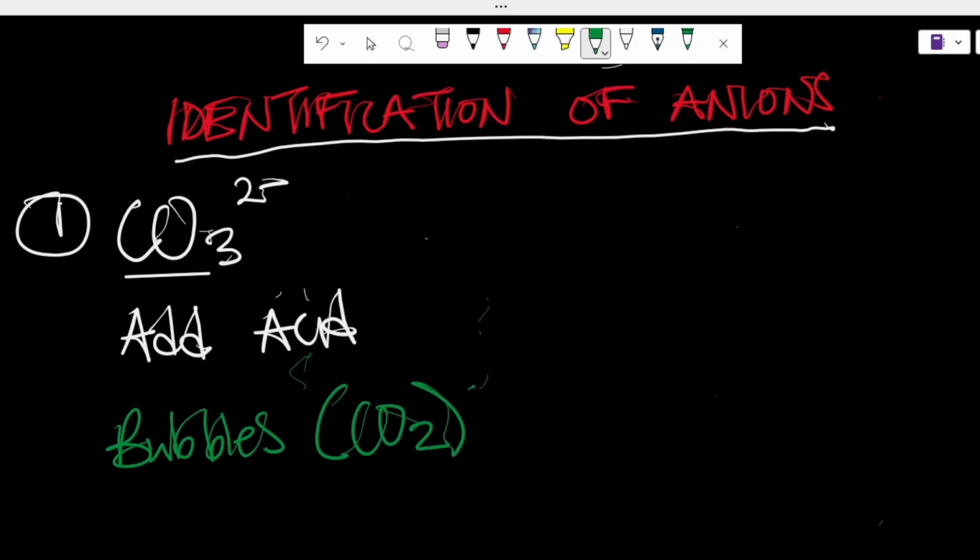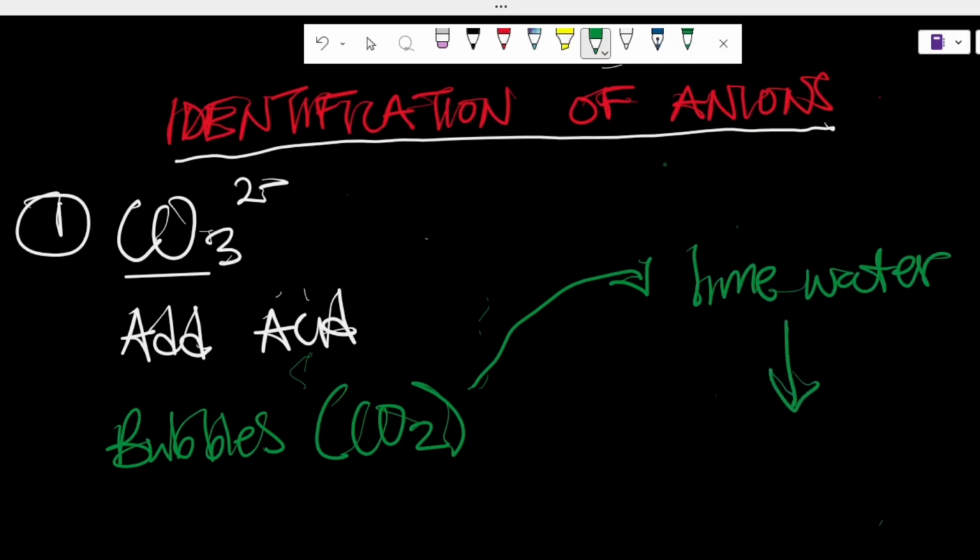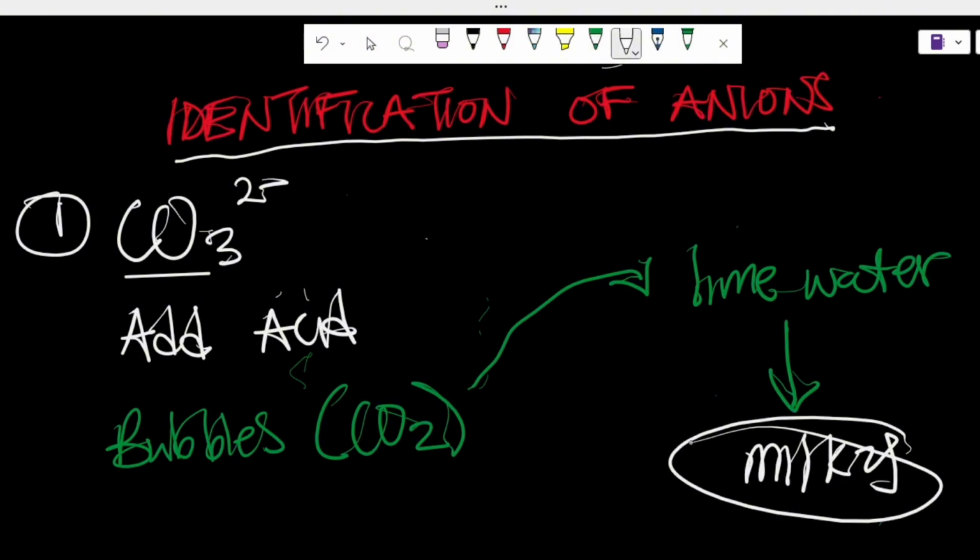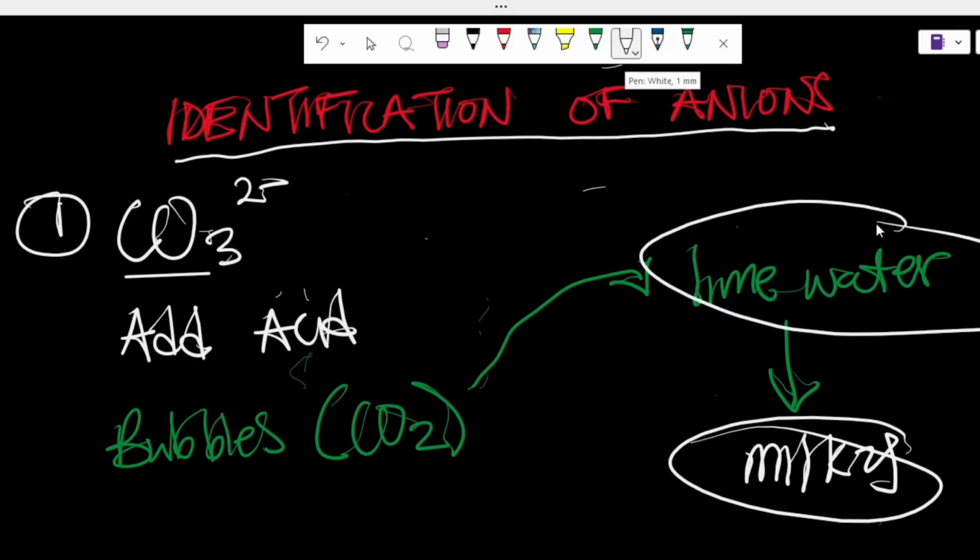Now, when this carbon dioxide passes through lime water, this lime water actually turns milky. So as you can see, it's quite easy to identify the presence of the carbonate ions, because when that is passed through lime water and the lime water turns milky, that shows the presence of carbonate ions in any particular solution.